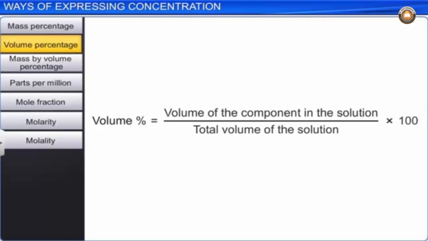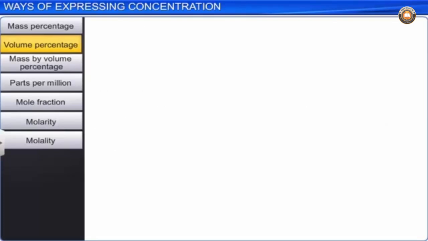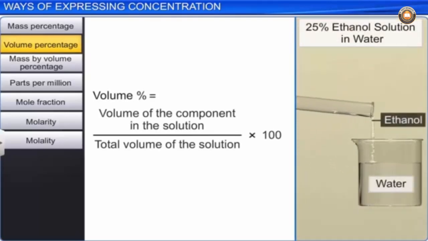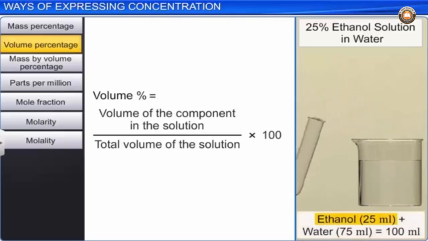The concentration of solutions, where both the solute and the solvent are liquids, is commonly expressed using this method. For example, 25% of ethanol solution in water means 25 milliliter of ethanol is dissolved in 75 milliliter of water, such that the total volume of the solution is 100 ml.